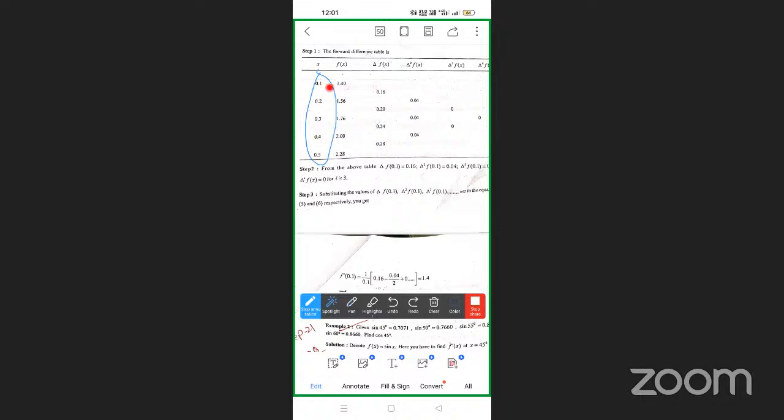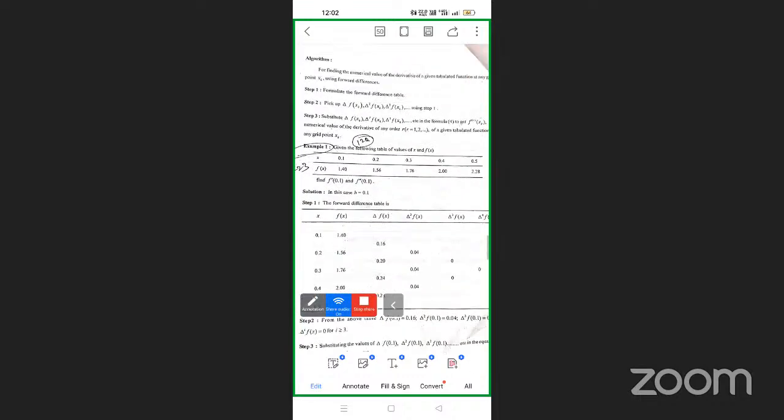This is the step size h equal to 0.1. Delta is 0.16 minus delta square by 2, that is 0.04 by 2, and delta cube is 0. So we can calculate that f dash of 0.1 is 1.4. So this is the first derivative. Next, the second derivative formula.